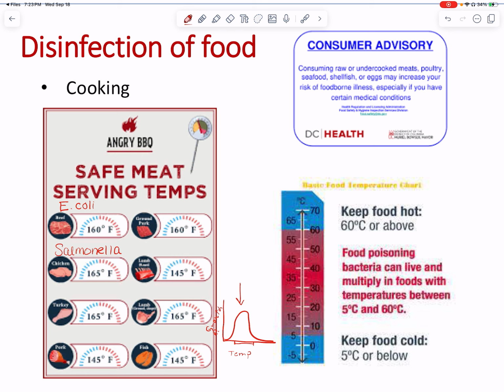And so if we keep things really hot, in this upper range, or cooler, we can actually limit that bacterial growth. And so keeping food either hot or cold is going to be the best way to keep food from growing microorganisms.